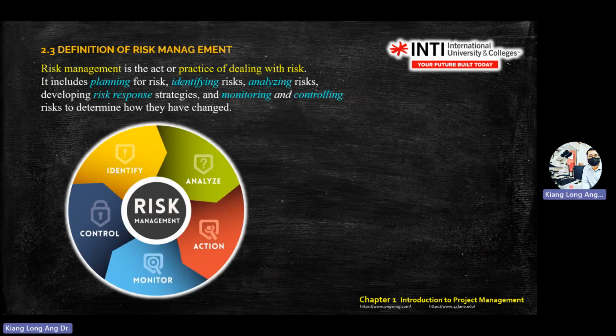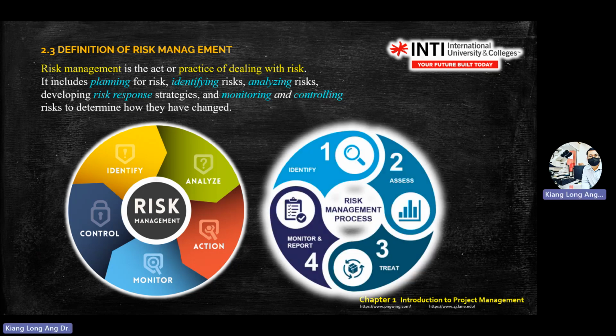Okay, the rest you read is a definition for risk management. Risk management is blah, blah, blah. You read this one. And it will go through a cycle: planning, identify, analyzing, risk response strategies, monitoring, controlling. So basically, this diagram explains the definition of risk management.